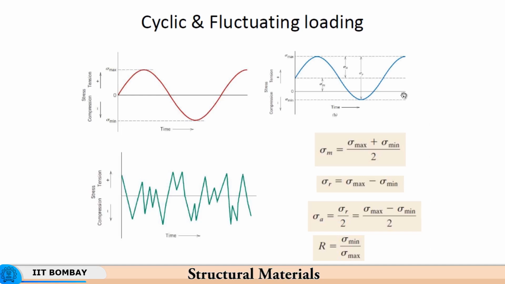Some cycles can always be in the tension zone, and so their R will always be positive. When R is more than 0, sigma min and sigma max both are in the tensile region. R being negative means that sigma min is in the negative region, so you have some compressive stresses coming into play. If R equals 0, naturally you can assume sigma min to be 0.